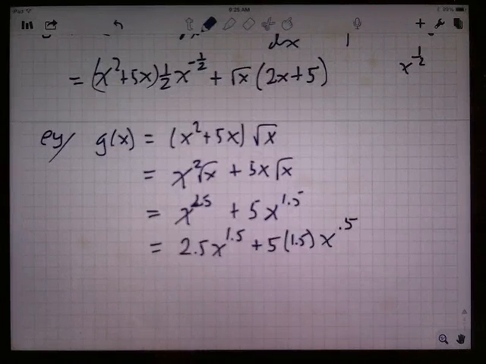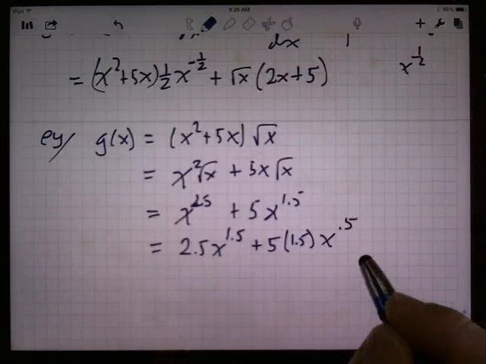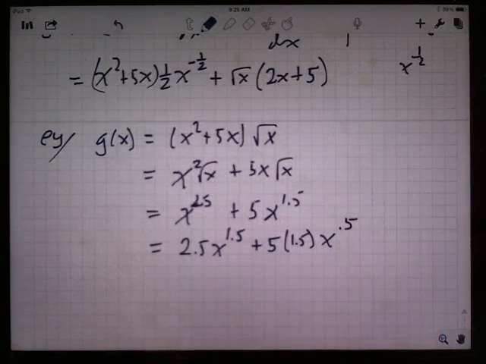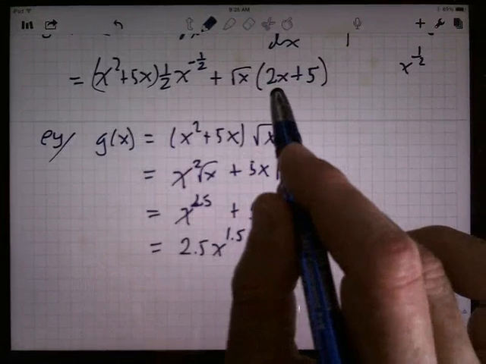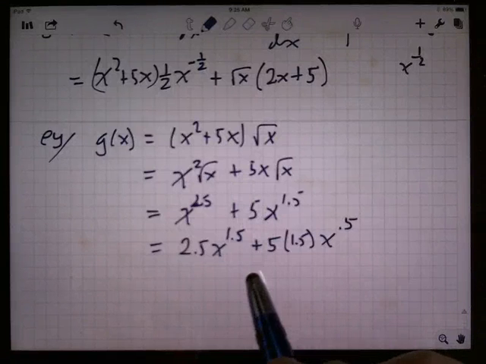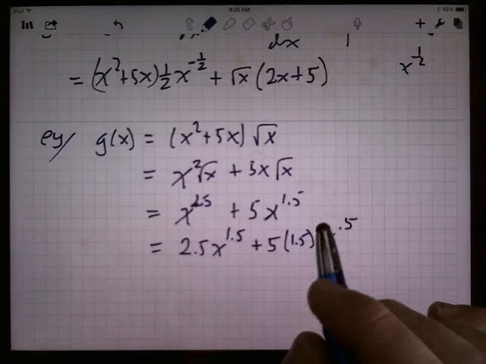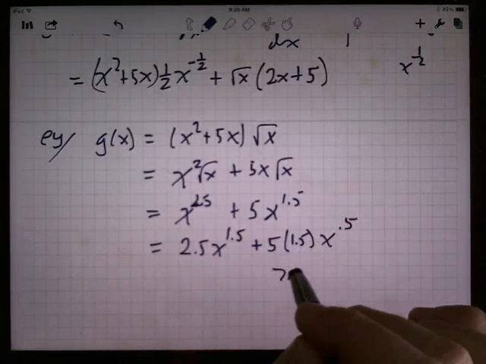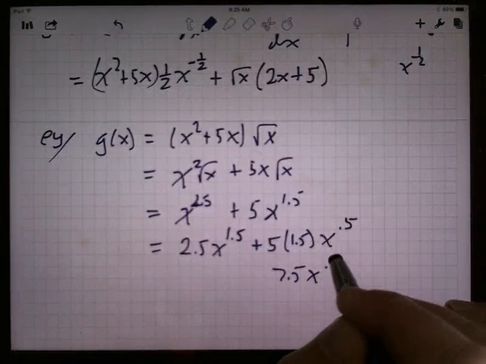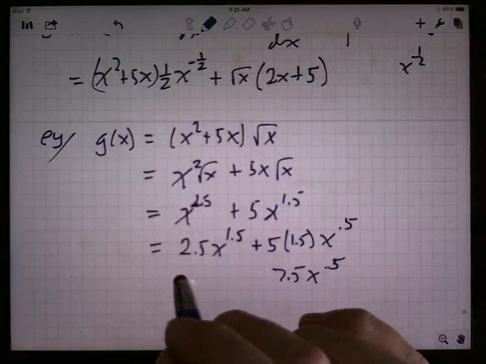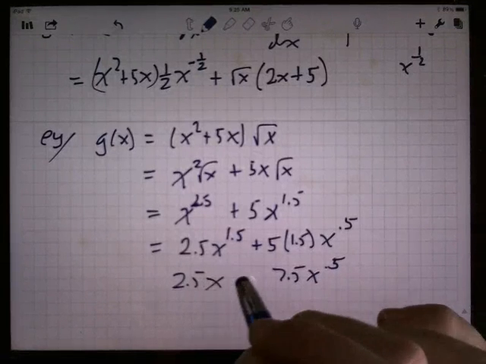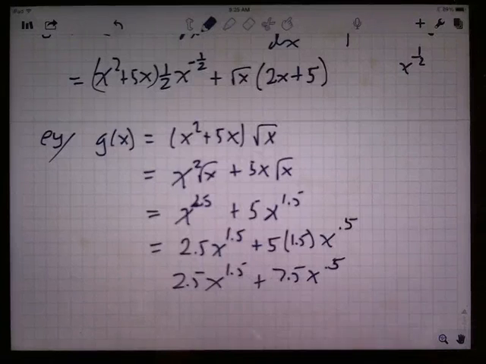Now, this doesn't look like that immediately, but apparently there's stuff that combines and cancels out. If we try to simplify that, we should be able to get to this. Anyway, this is like 7.5 x to the 0.5, and I got a 2.5 x to the 1.5, plus sign in between.